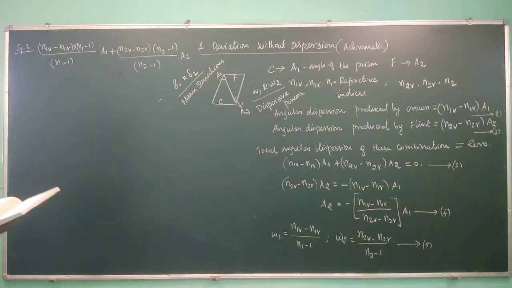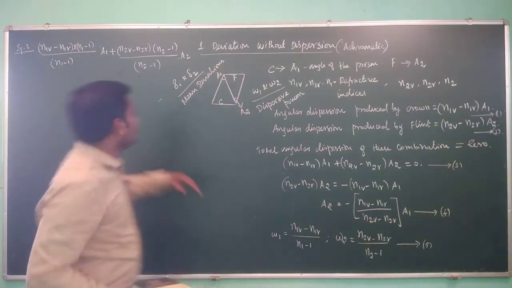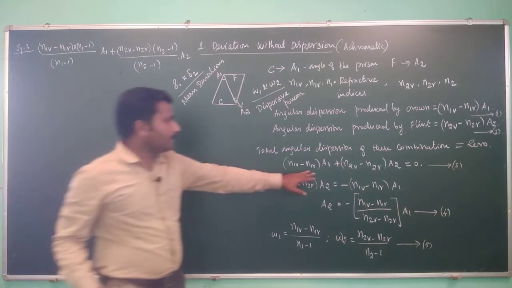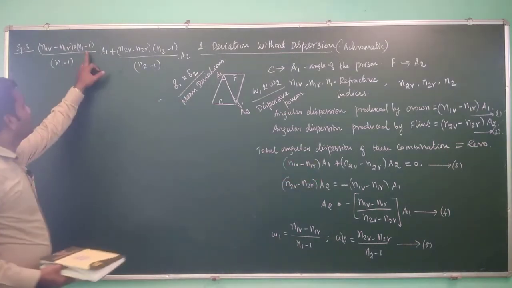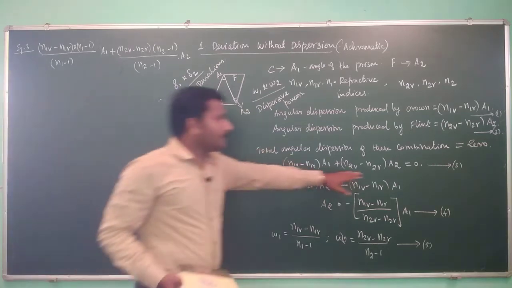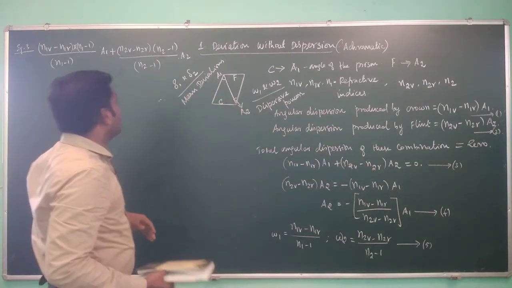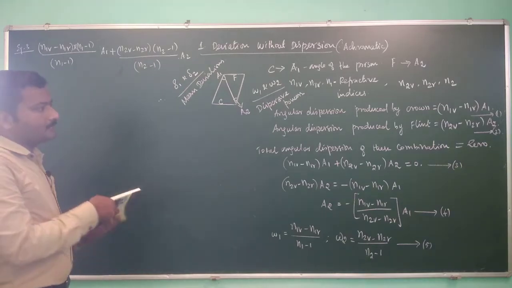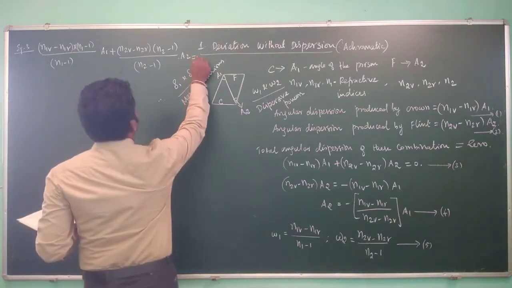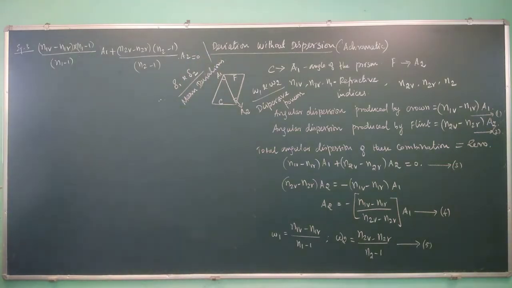That is, in this equation number 3, we will multiply on the first part with N1 minus 1 on the numerator and denominator. In the second part, let us multiply N2 minus 1 on numerator and denominator. And that is equal to 0 actually. So this is equal to 0, right?